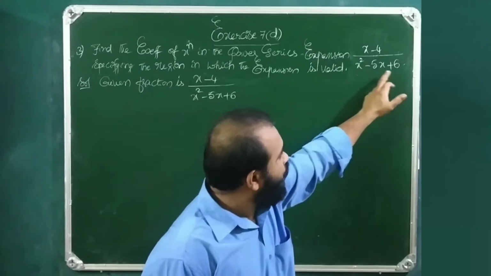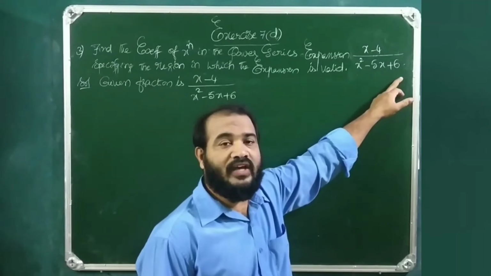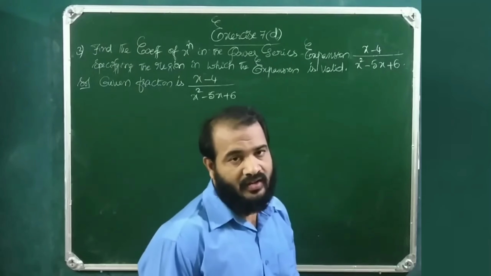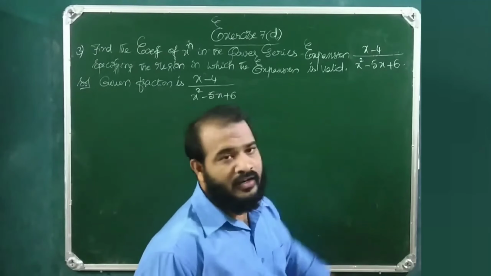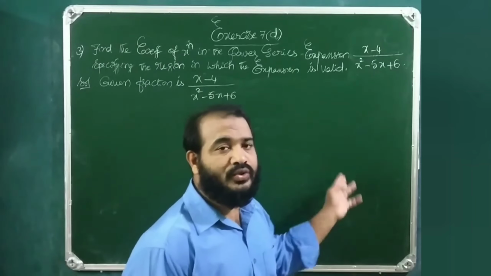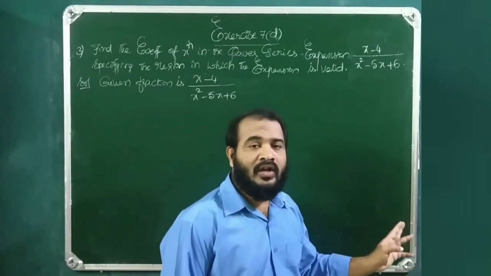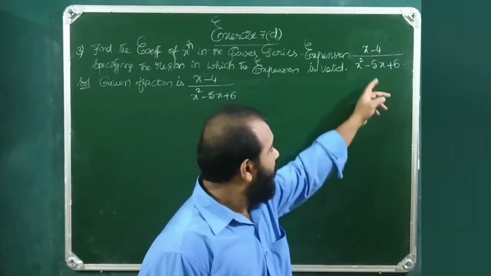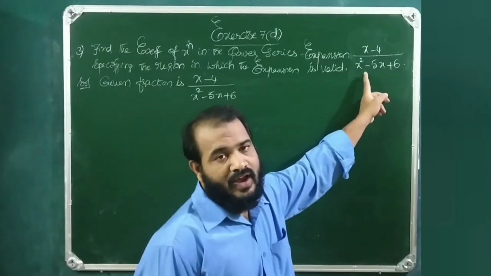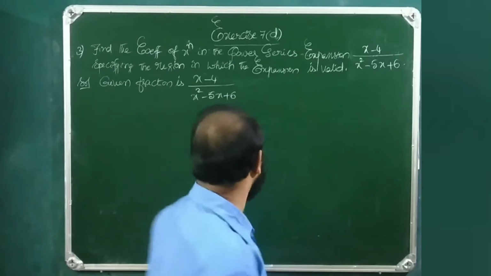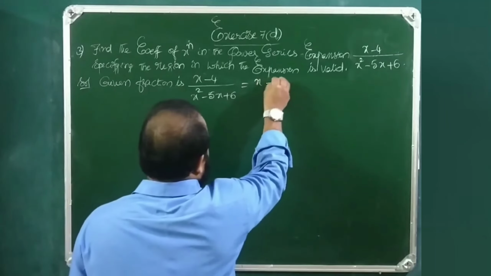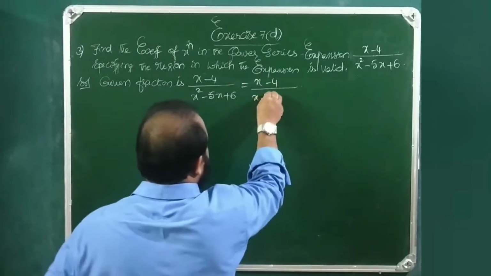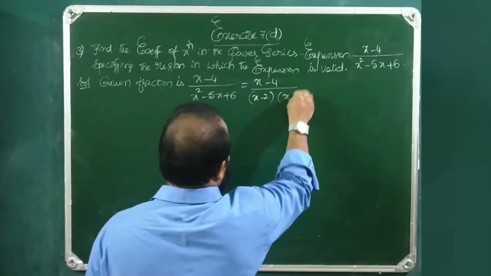So x square minus 5x plus 6 has the roots: (x minus 2) into (x minus 3). So the denominator now becomes (x minus 2) into (x minus 3), which are non-repeated linear factors. So type 1 we have to proceed. (x minus 4) by (x minus 2)(x minus 3).